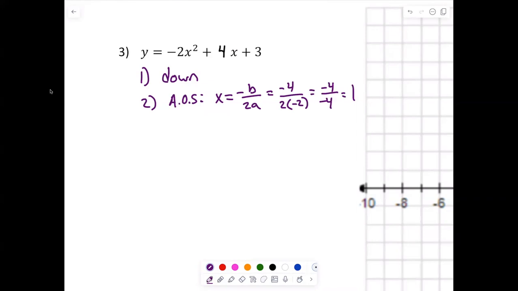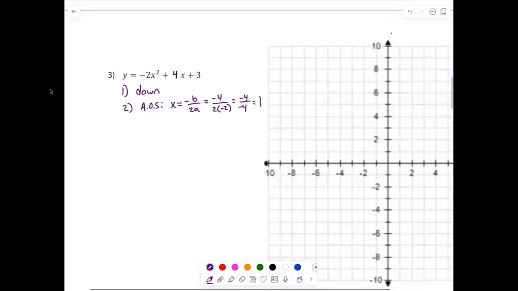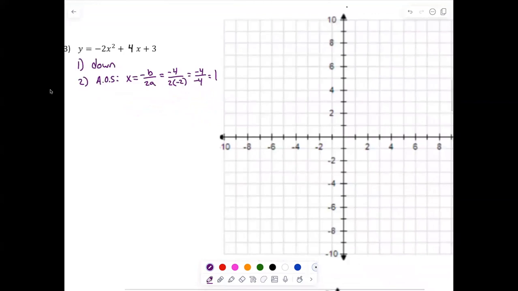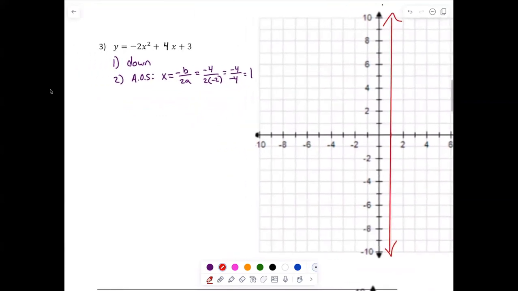So the axis of symmetry is x equals 1. So now we go to x equals 1 and we can draw that line. This way is x equals 1. That's your axis of symmetry. Generally, we make it dotted, but if you don't want to make it dotted, solid is perfectly fine. Doesn't matter to me.